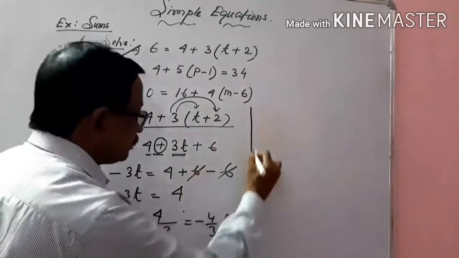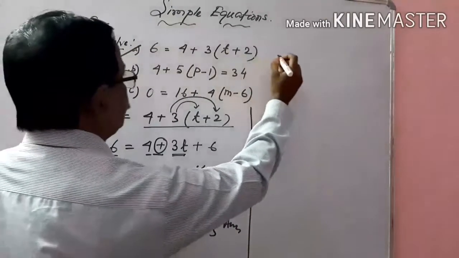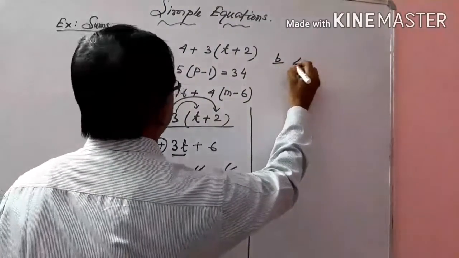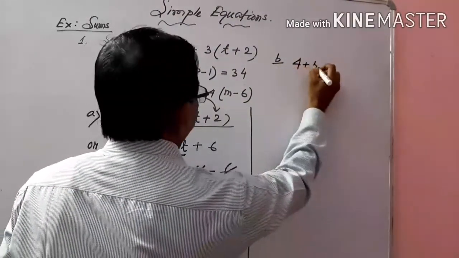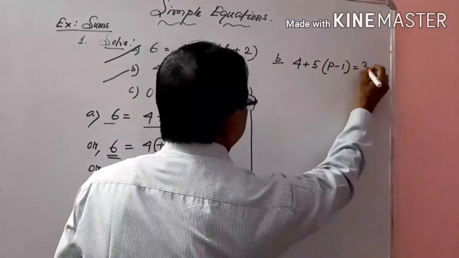Now let's see the second one. Everyone see properly so that you can understand what to do. 4 plus 5 into (p minus 1) equal to 34.